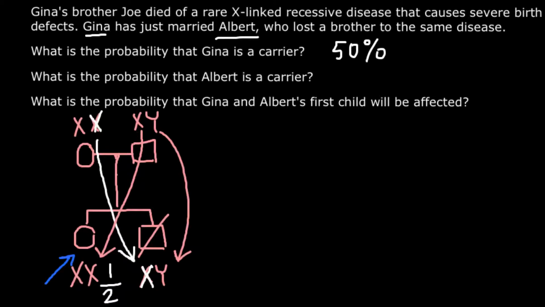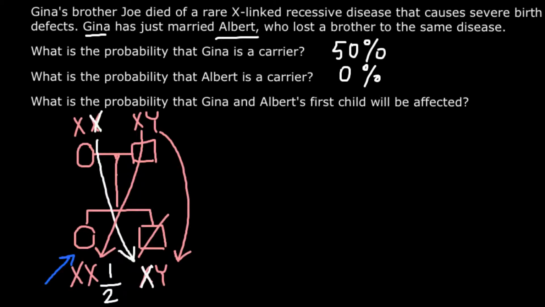His brother died, but his genotype should be normal because this is severe. This genetic disorder causes severe birth defects. So we can answer this second question: the probability that Albert is a carrier is 0%.